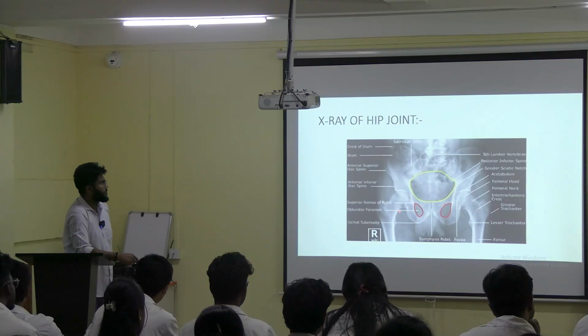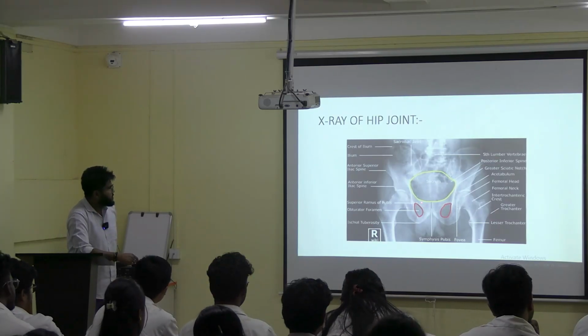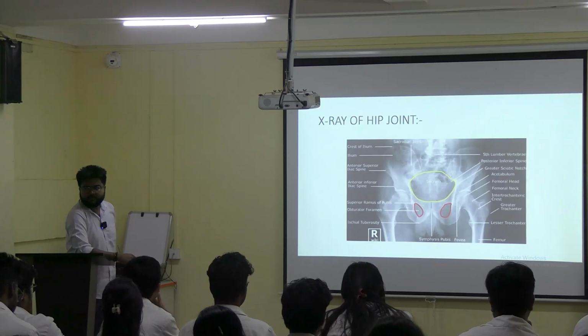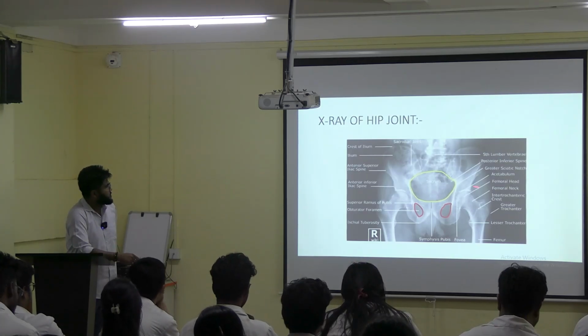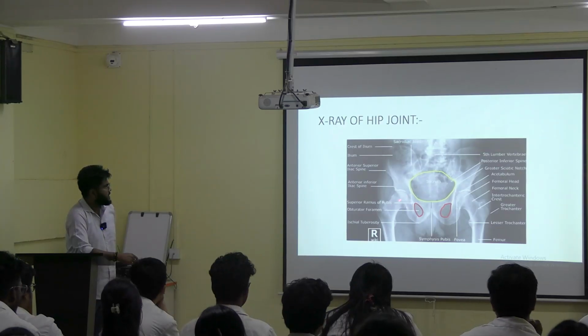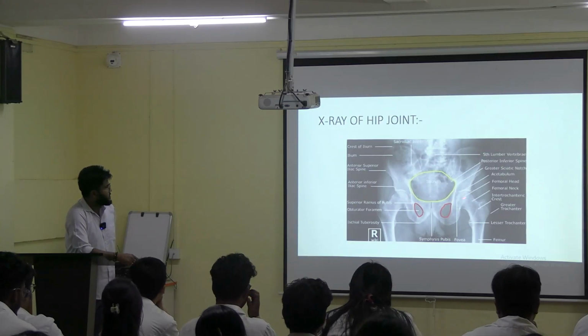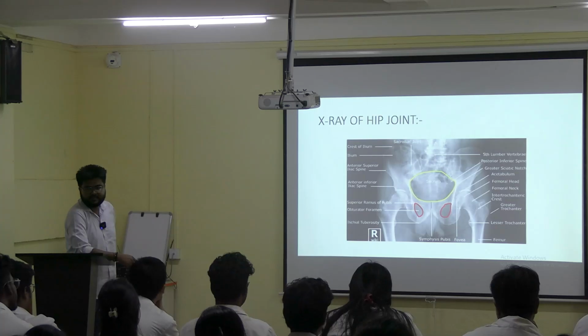Here is the ramus of the pubis bone. This is the head of the femur and the neck of the femur. Here you can see the greater trochanter and the lesser trochanter, and in between is the intertrochanteric crest.